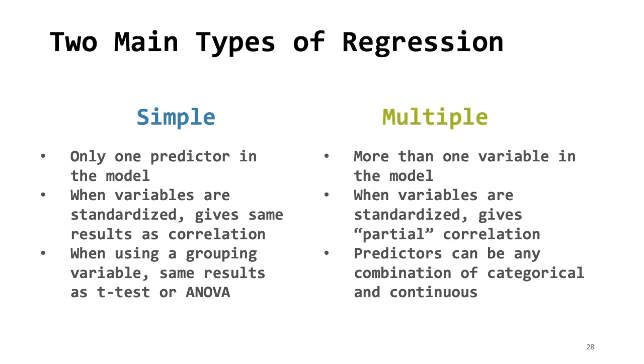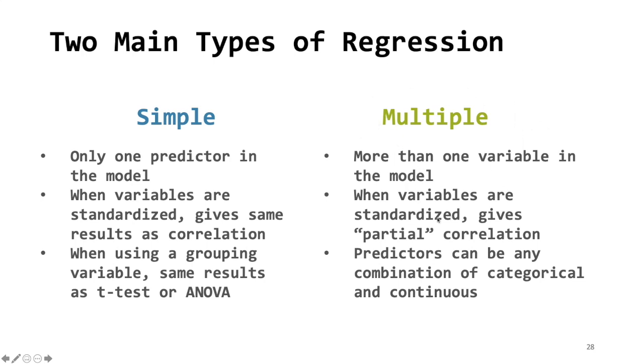There's also multiple regression. You know that it's multiple regression because you have more than one variable in the model, or more than one predictor. You have one outcome and then you might have two predictors predicting that outcome. That would be a multiple regression. We'll get into multiple regression a lot more next week.